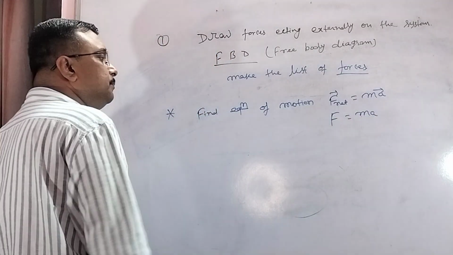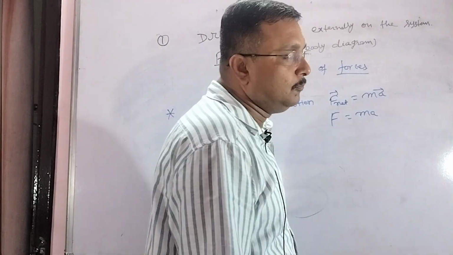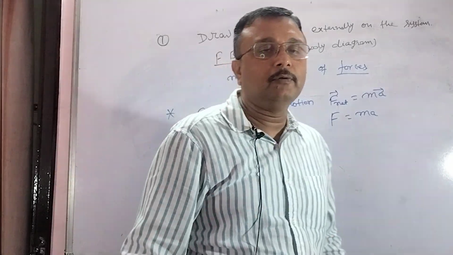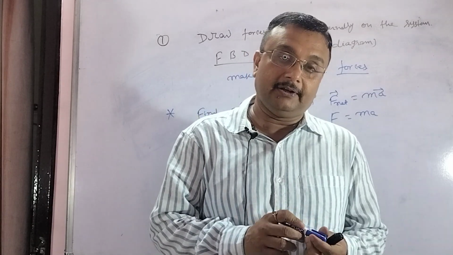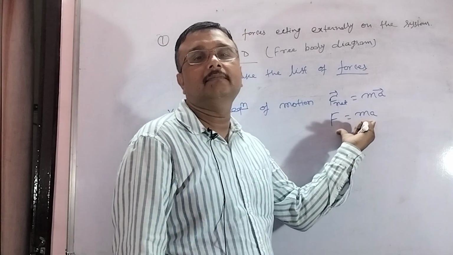But this will not be simple. We have to think something else, because in one dimensional motion the particle will be moving on a straight line, and the force is acting in the direction of the motion of the particle. That will be fine, and we can write the equation F equals ma very simply.